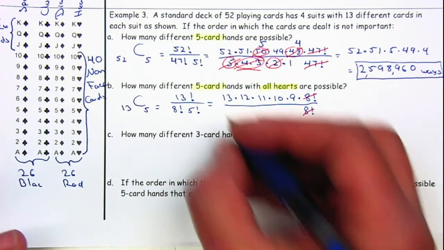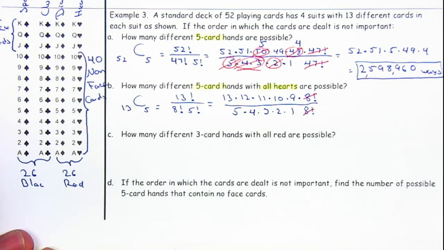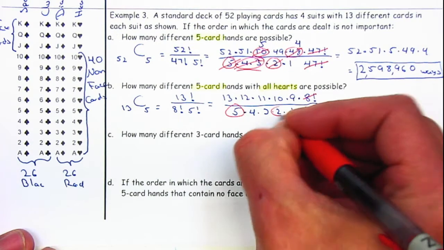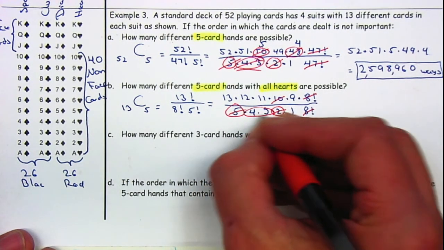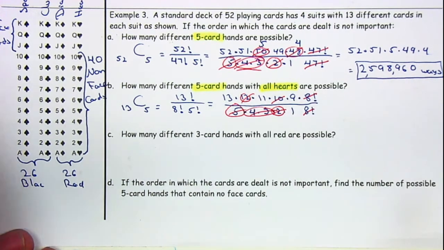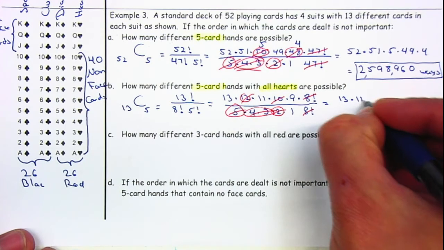And then I still have my 5 times 4 times 3 times 2 times 1. 5 and 2 will be 10. 3 and 4 will be 12. So in this case, we just have 13 times 11 times 9.